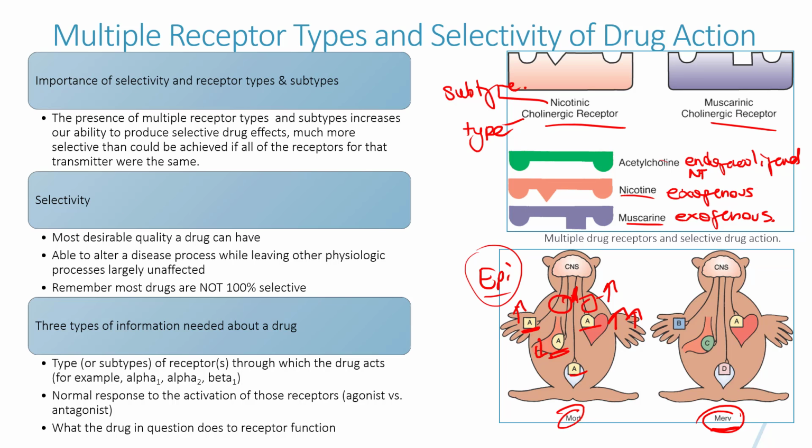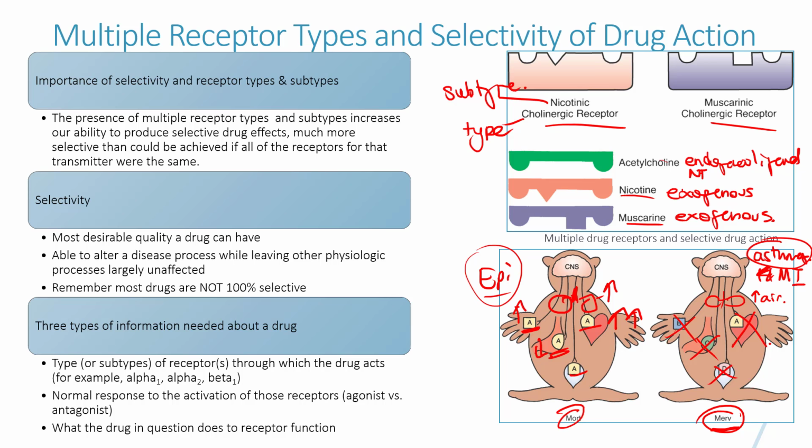Now, say Merv has asthma, but he's also had a couple of heart attacks, a couple of myocardial infarctions, and he's having an asthmatic attack, right? If he's having an asthmatic attack, you want to increase the amount of air going into the lungs, but you don't want to actually affect anything else.